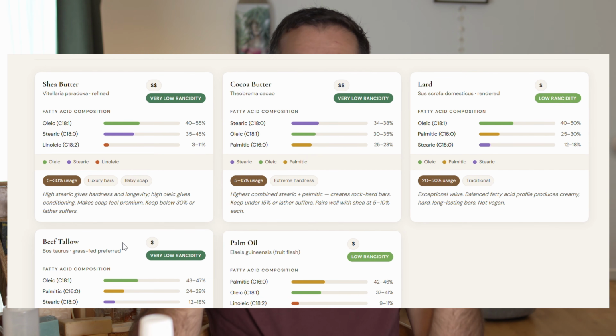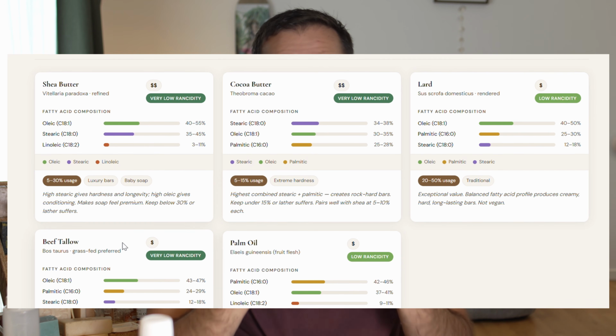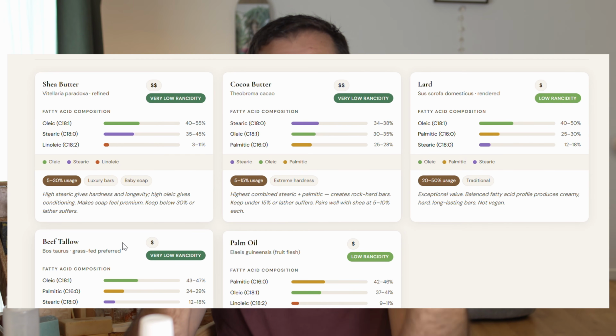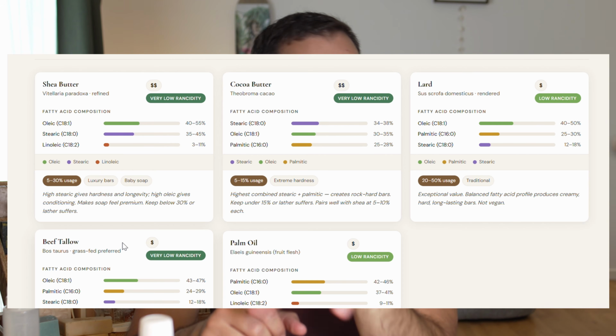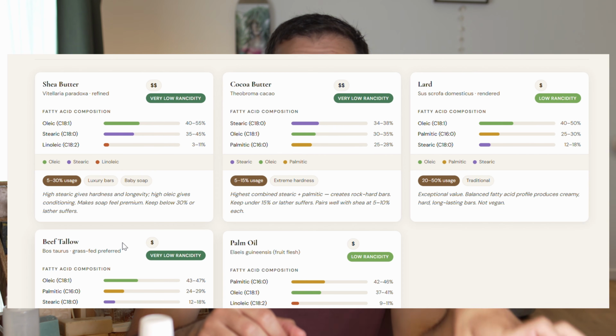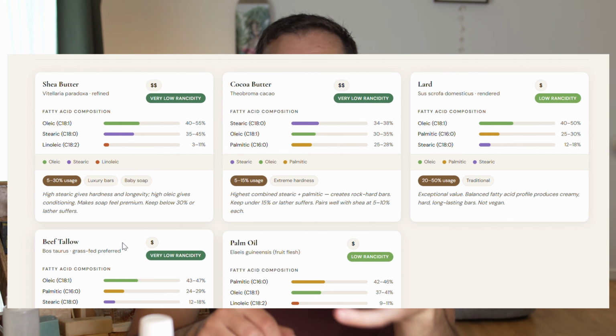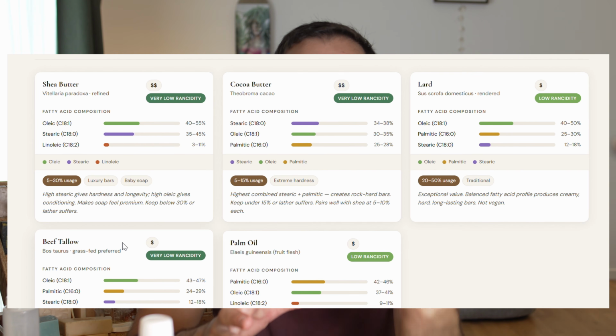They have a combination of stearic, palmitic and oleic acid, and they create an amazing conditioning lather because of oleic acid, and an amazing lather with a lot of creaminess because of stearic acid, and a very long-lasting lather because of palmitic acid. So if you want a very long-lasting soap, not only hard soap, you can add butters from this category, because butters like shea butter, cocoa butter, lard, beef tallow, they all lead to a very long-lasting soap.